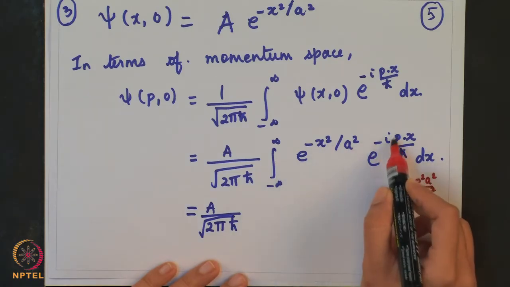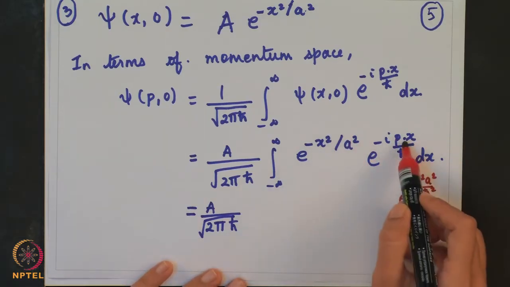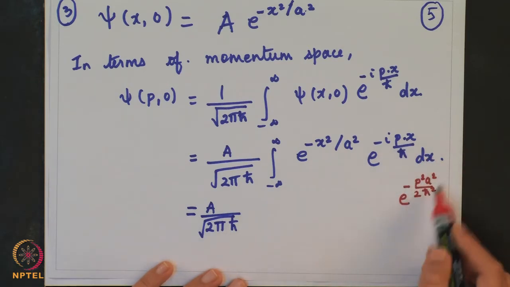You will have a factor of 2 coming from this, which is the square term, this is a product term, and then again a square term.